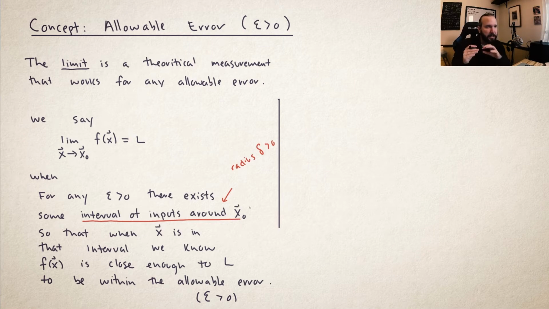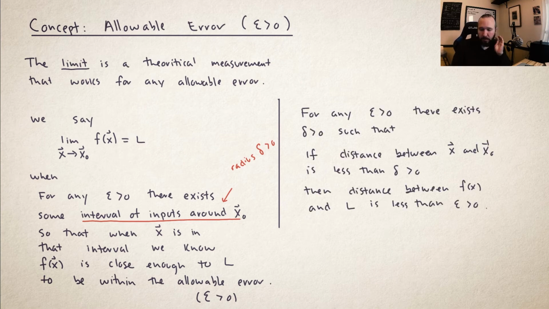So let's see if we can take this general concept and turn it into something a little bit more robust, a little bit more mathematical. So let me try to unpack this and break it down a little bit.